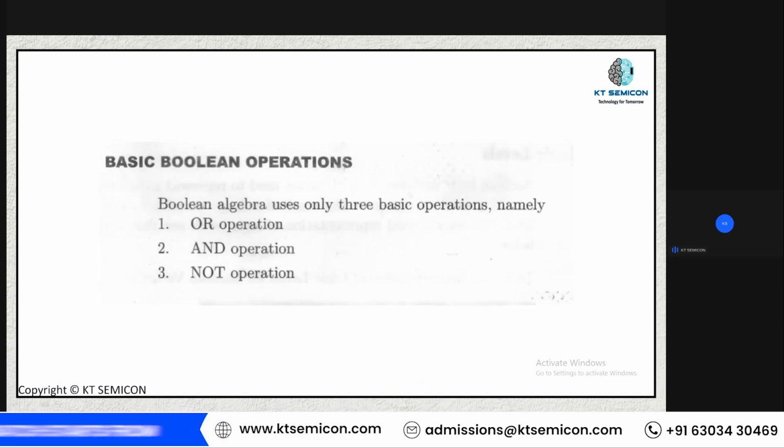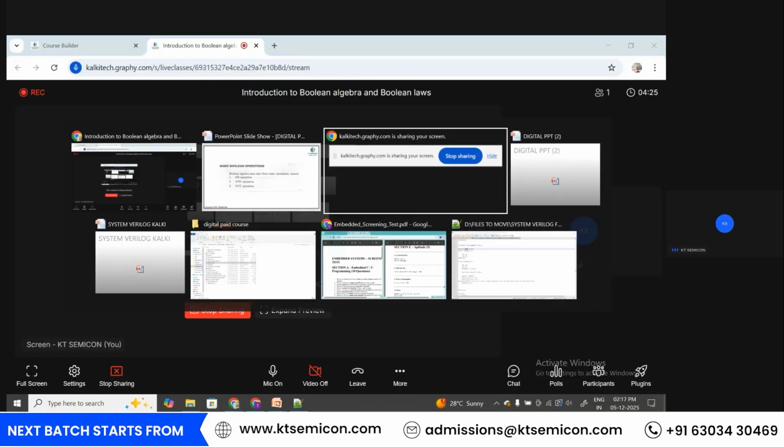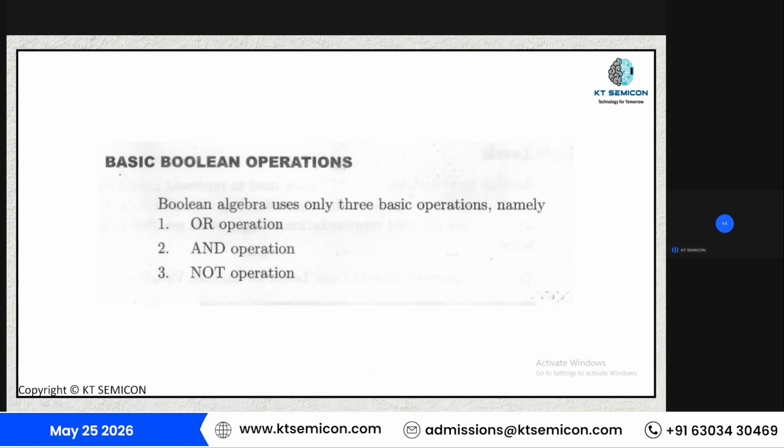Now, let us try to understand the basic Boolean operations. The very basic Boolean operations which we are going to discuss are the OR operation, AND operation, and NOT operation.